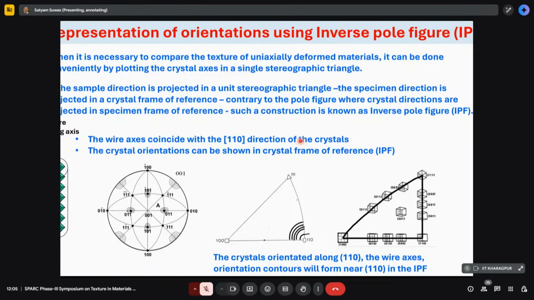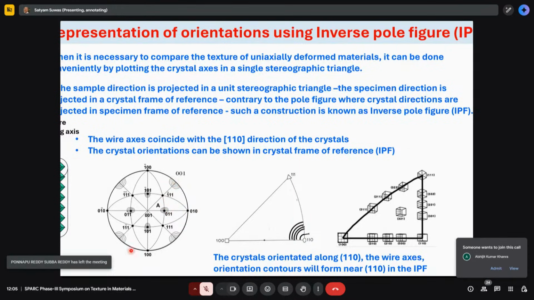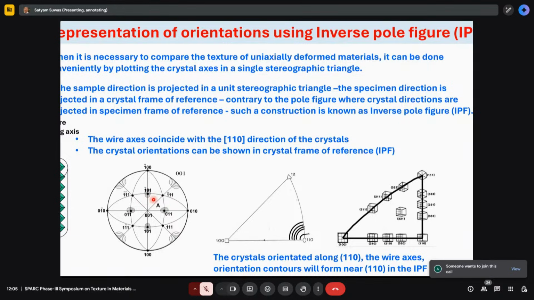Inverse pole figure is just opposite to that. There we fix the 3 reference directions like 111, 100, 110. These are the corners of a stereographic triangle. You will recall the stereographic triangle. If you divide the projection, it gets divided into 24 triangles.